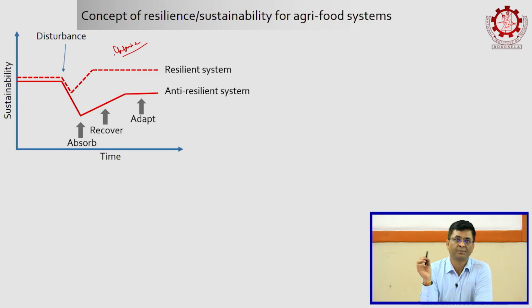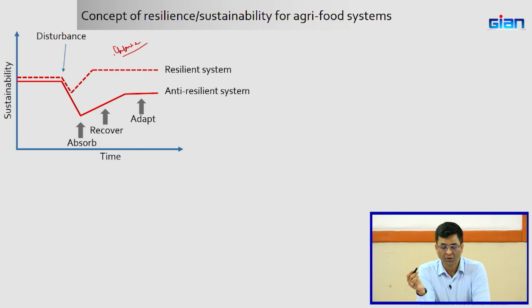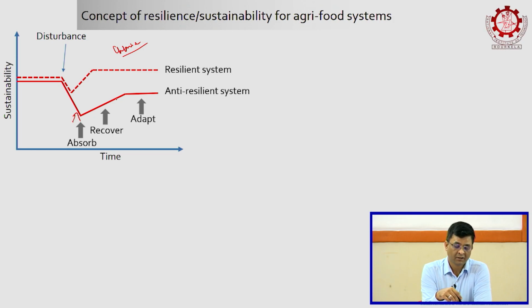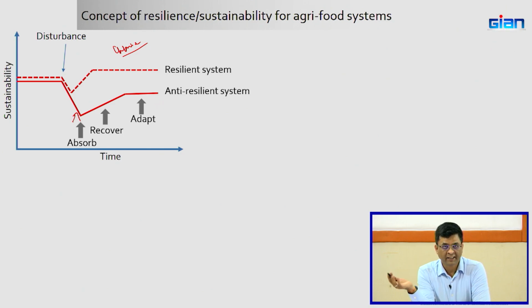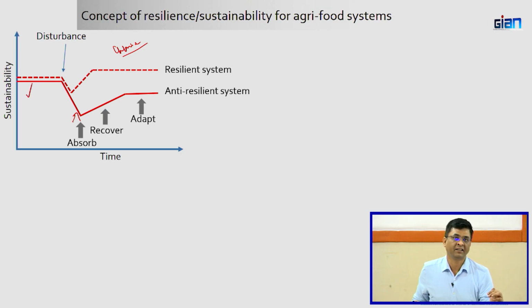So if chlorine is banned by FSSAI tomorrow, then this whole industry will suffer. So they have to come up with a new change. Then they recover and make the same profit, economically, environmentally and in other aspects, same as what they had pre-chlorine. So that becomes a resilient or anti-resilient system.